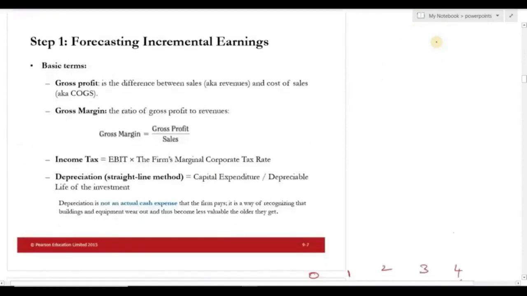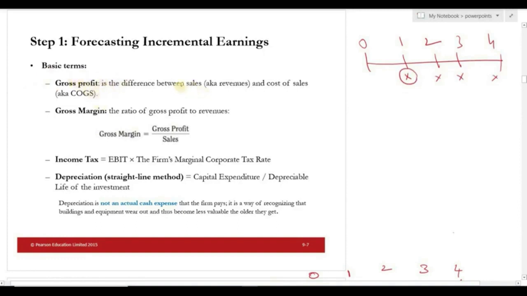Now we need to understand forecasting the incremental earnings. How can we forecast? Because we are here and we don't know what will happen in year 1, and we don't know what will happen in year 2, 3 and 4. So that is why we have to forecast, right? So how do we forecast? First of all, before doing the forecast, we need to understand a few terms.